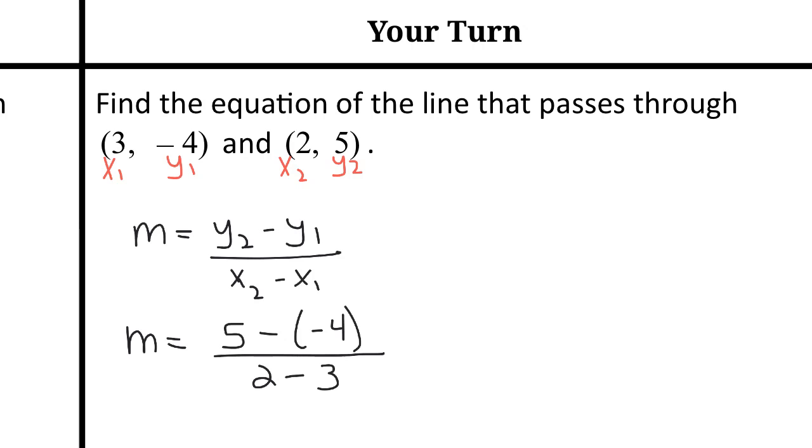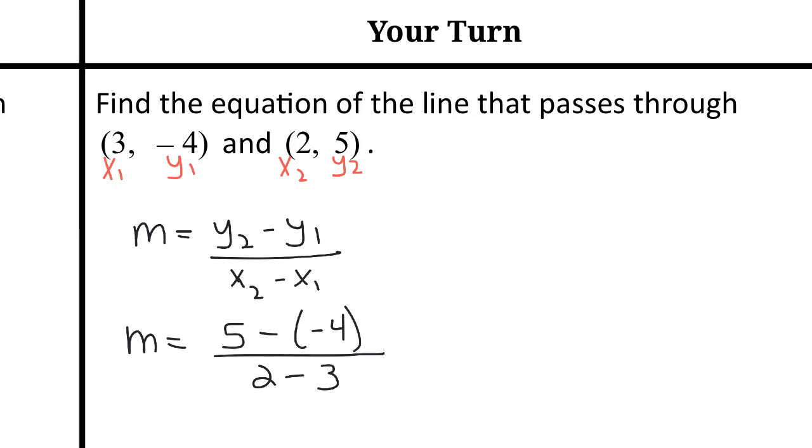So the first thing that we need to calculate is the slope. So I labeled out my points x1, y1, x2, y2, and I went ahead and substituted them into the slope formula. Be careful again when you are working with negative numbers. You always want to enclose or encase your negative number in a set of brackets.